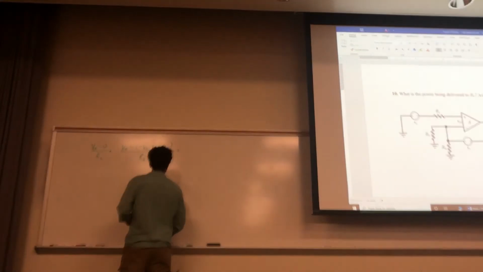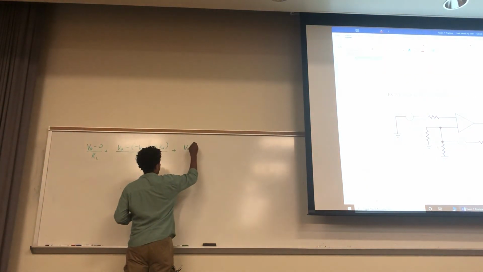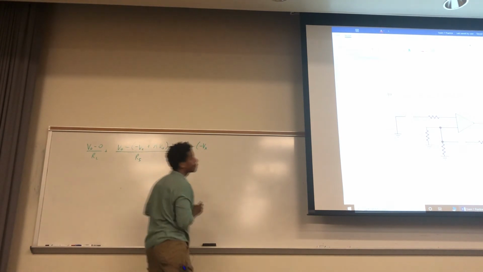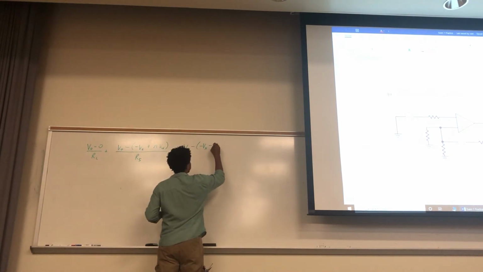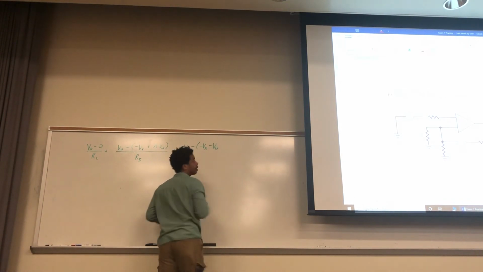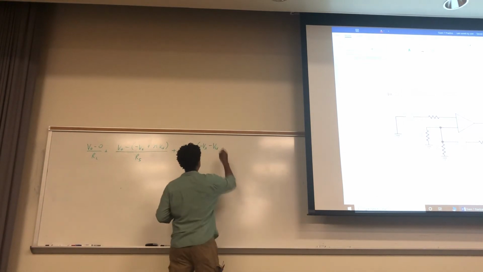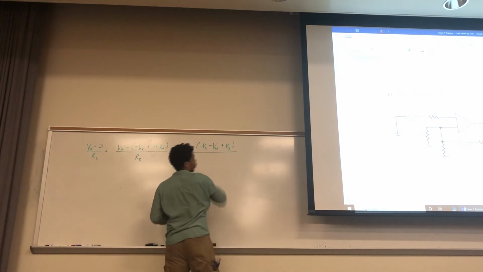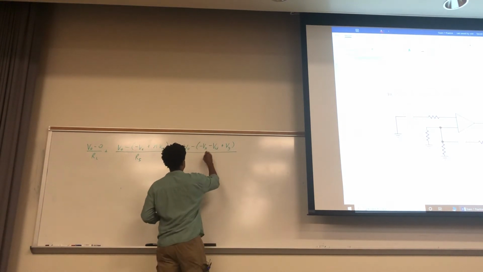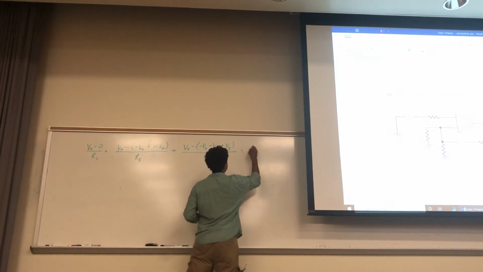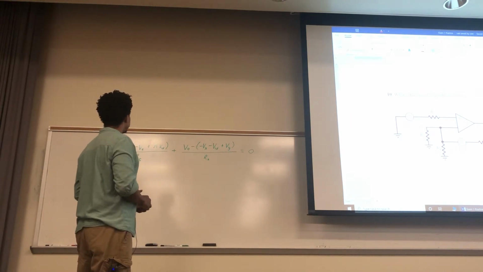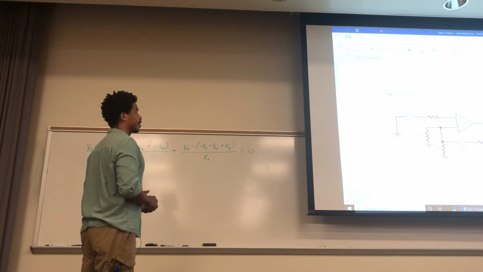So it's V minus on one side, and the other side is this minus Vx minus VID, and then plus Vy over R2. And that has to sum to 0. You guys agree with me with that?